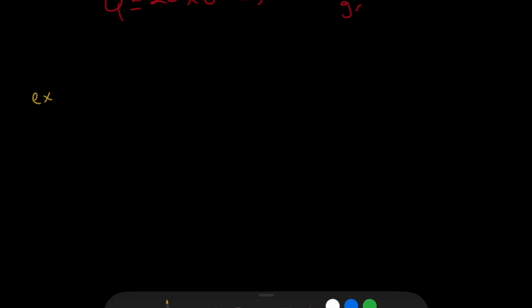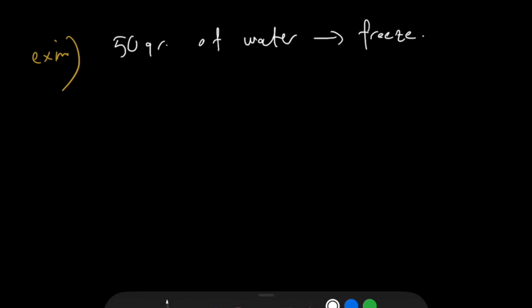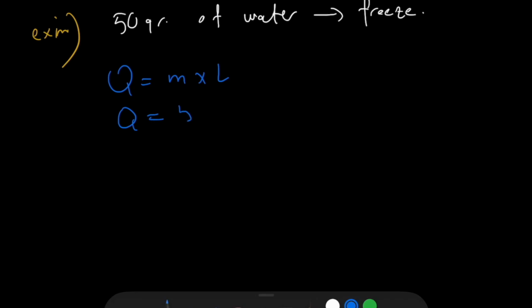Another example, 50 gram of water needs to be frozen. How much energy needs to be taken from the water? Okay, again, Q equals mL. Q, m is 50 gram multiplied by 80.